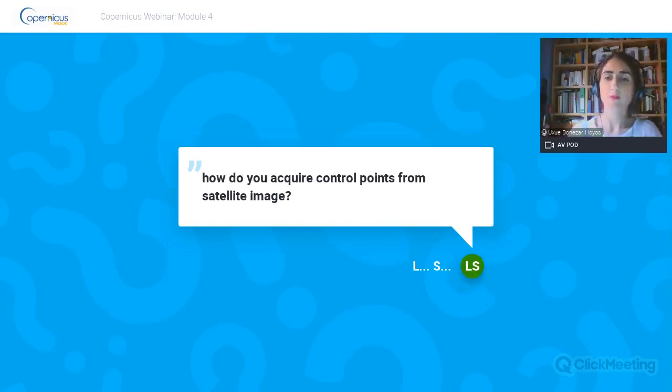Well, for positional accuracy assessment, we usually acquire control points manually. We have also used field data collection in the past. We went into the field in Sweden and took control points there, but we usually do it manually. What we are currently investigating is the difference between manual and automatic acquisition, and whether it could somehow be automated.